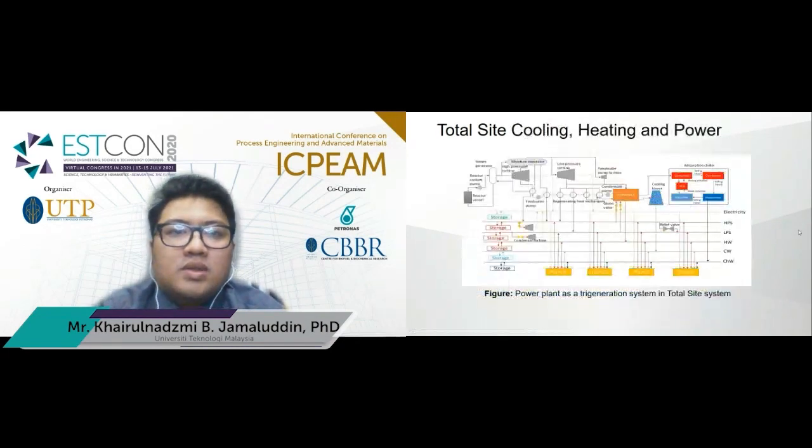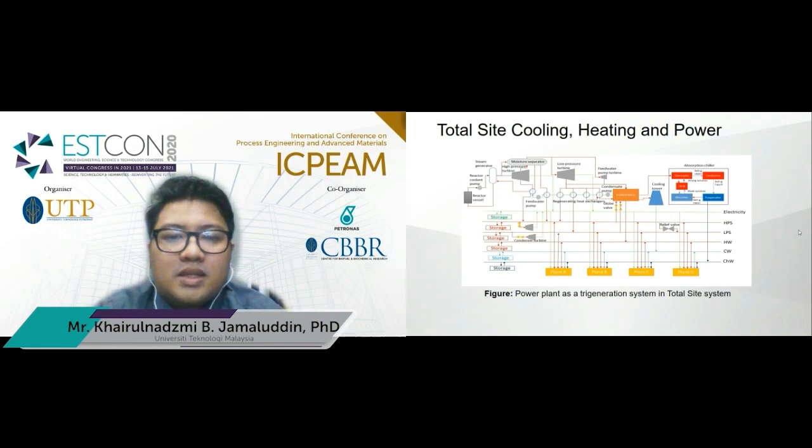So through the use of the trigen system, and also total site system, total site cooling, heating and power is produced. So the figures show the power plant as a trigen system in the total site system, meaning that at the upper part of the system is a trigen system and the below part is a total site system.